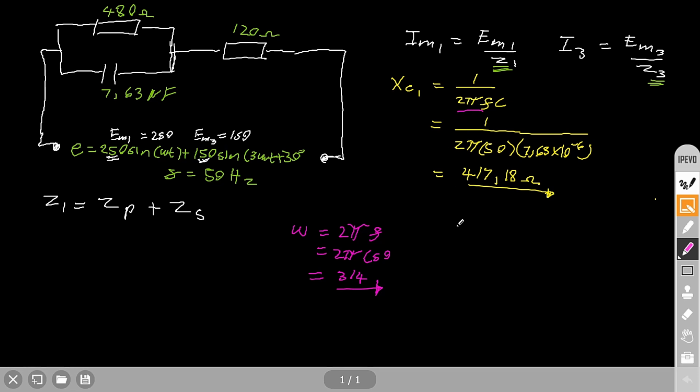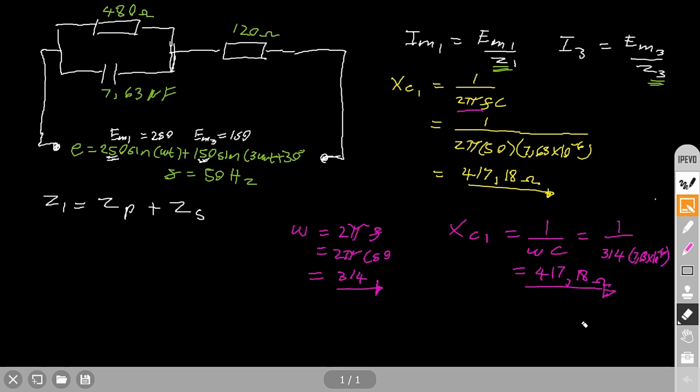You could have even interpreted it by saying the reactance of the capacitor 1 is equal to 1 over omega times C, so this is 1 over 314 times 7.63 times 10 to the power negative 6. You are going to get the same answer. Can you see that, guys? I just wanted to show you the second method you could have done this.